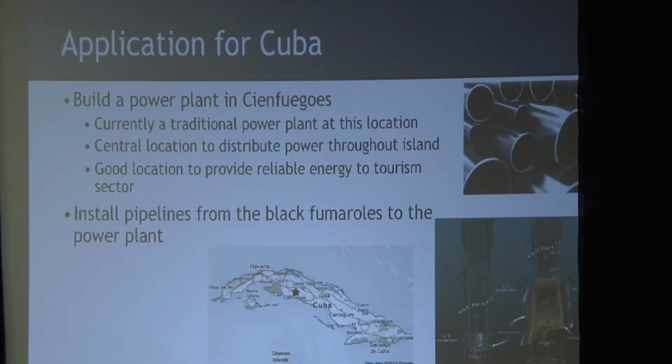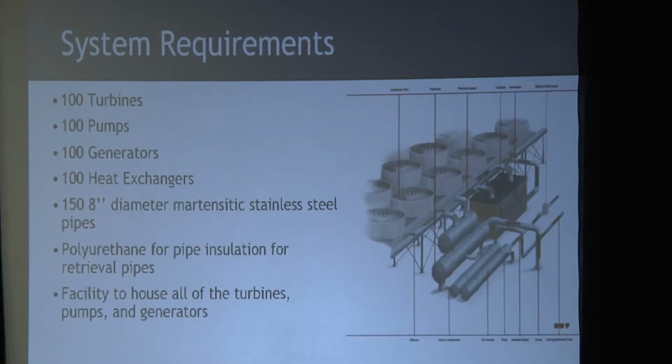The application for Cuba would be a power plant near the city of Cienfuegos, which is the one closest to the mainland, in the middle of the country. We would install pipelines from the black fumaroles to the power plant through the ocean floor.